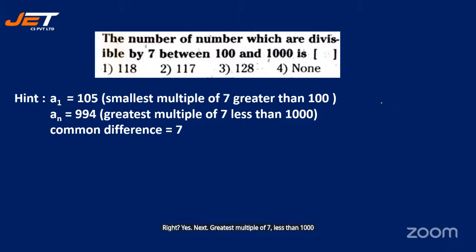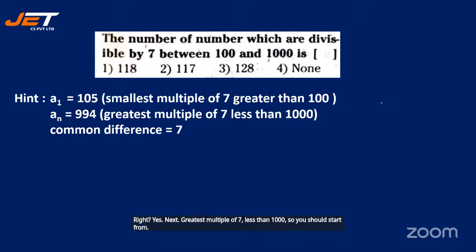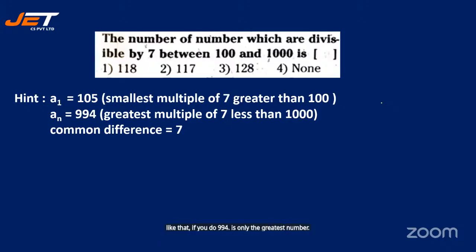Next, greatest multiple of 7 less than 1000. So you should start from 1000, 999, 998. Like that, if you do, 994 is the greatest number. Okay. And the common difference is obviously 7. Right. So now how to do with this? So you can try doing this sum. I'm also doing it.